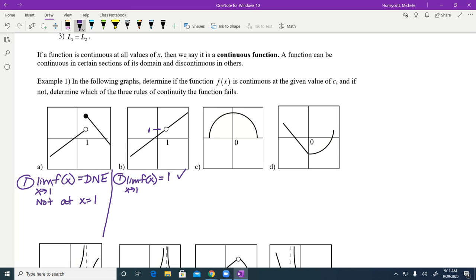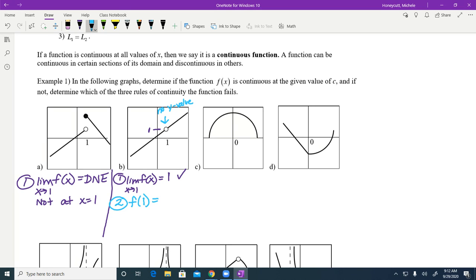That's good. It exists. The second rule is that f of this value, f of 1, does that exist? Well, is there a y value when x is 1? There's no y value here. No y value anywhere.